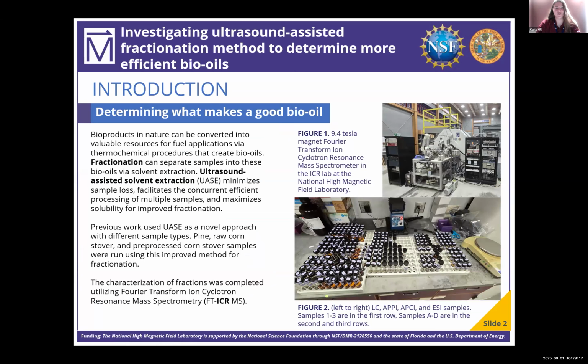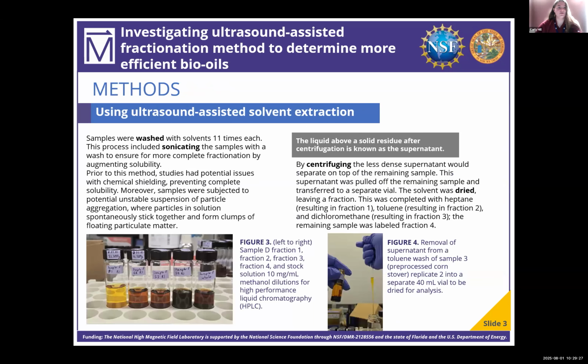So, fractionation can separate these samples into smaller pieces so we're able to characterize them and tell what is in all of these samples. To do this, samples are run through ultrasound-assisted fractionation, where a bio-oil is washed with a solvent and then sonicated.